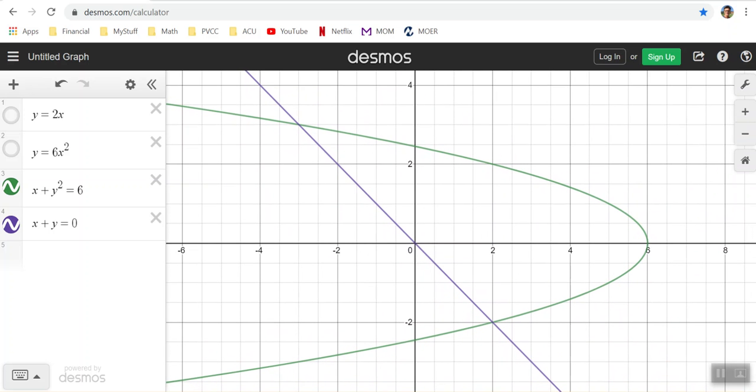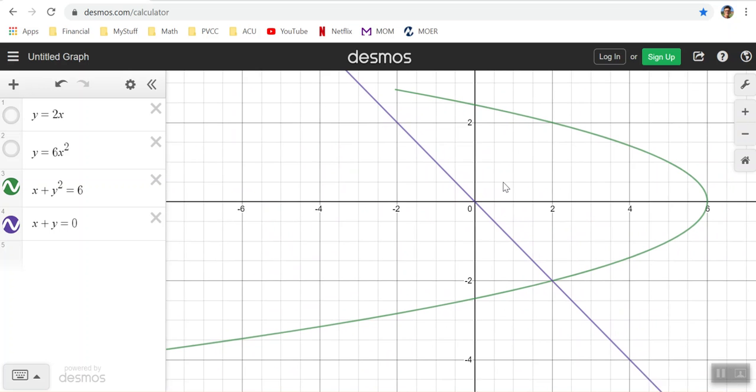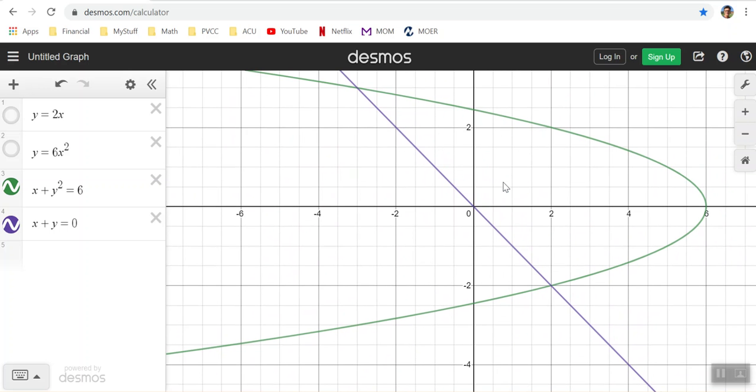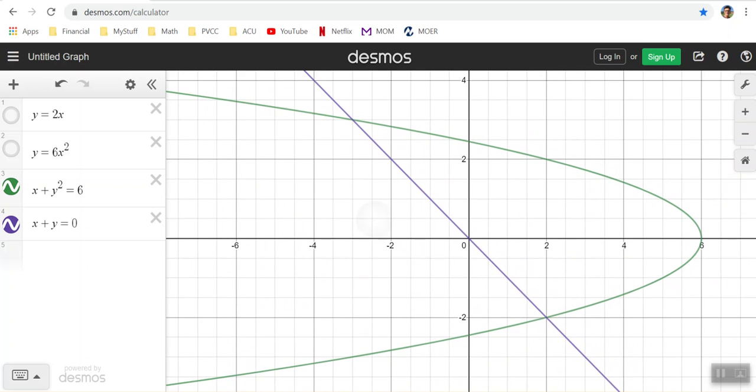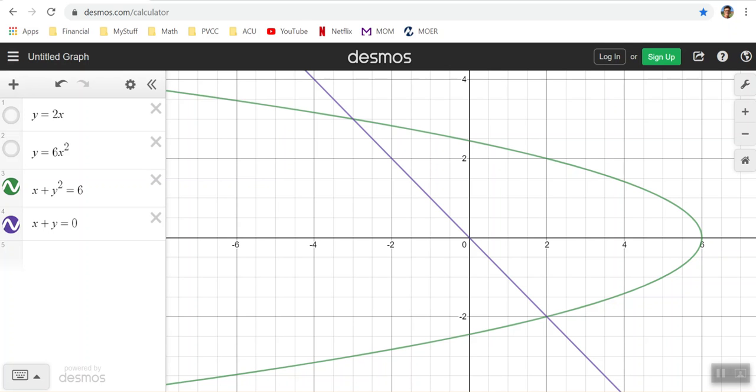There we go. Well, it would appear that I have a sideways parabola. And so the bounds of integration are going from this point right here to this point right here. But if we were to set up the bounds of integration along the x-axis, then we would be going from x equals -3 to x equals 2.